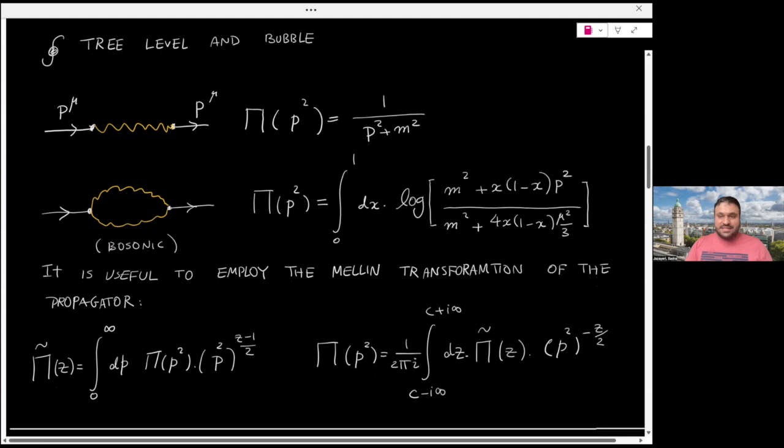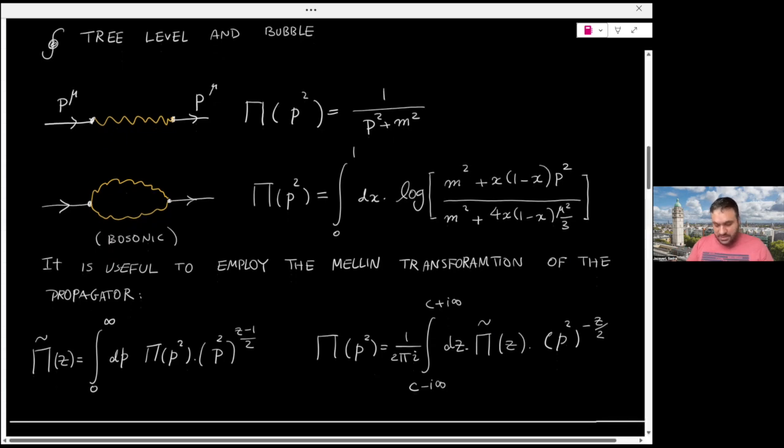So inserting this inside the time integral and taking the time integral is what we have to do, but there is an intermediate step that will simplify our life, which is to instead work with the Mellin transformation of the propagators of these 2-point functions.